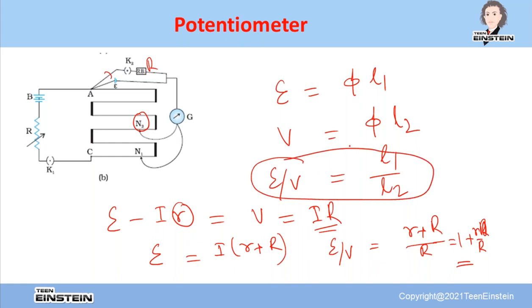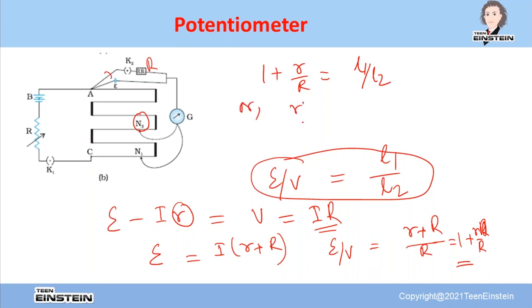So I can just equate these two, because in the practical or laboratory exam, I know nothing other than the lengths and the capital resistance R. So I have 1 plus r by R equal to L1 by L2. From here you can find r by R is L1 by L2 minus 1.